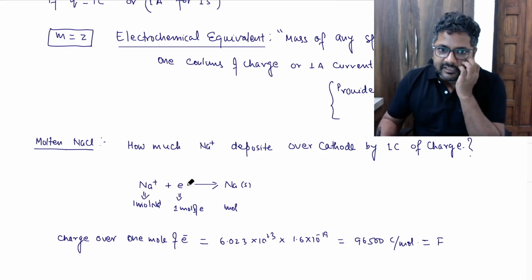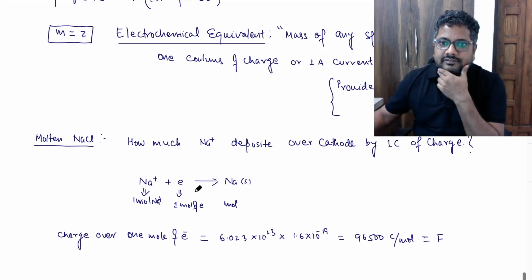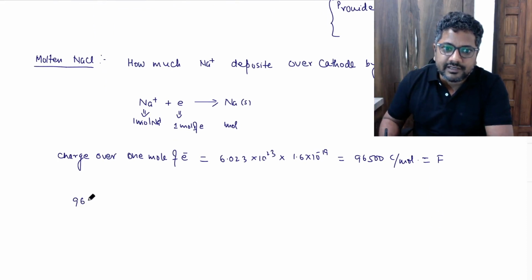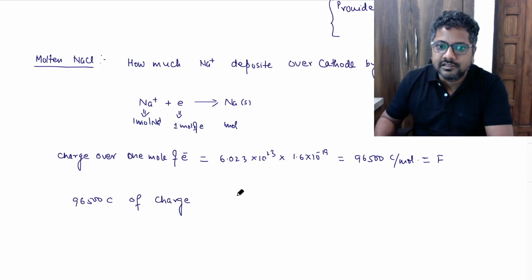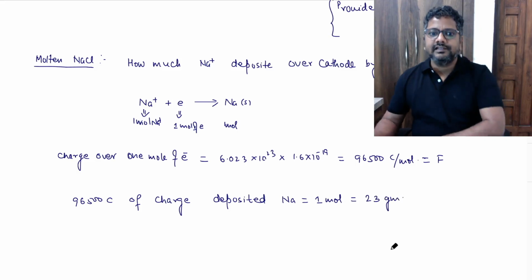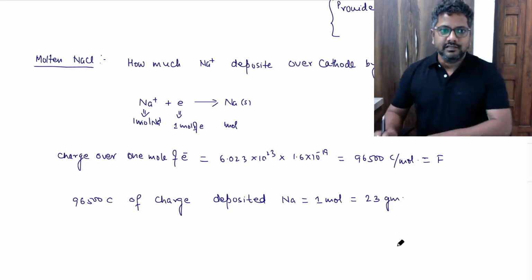So now from the stoichiometry of this equation, we can say that 96500 coulombs of charge deposits sodium, 1 mole, which is equal to 23 gram.